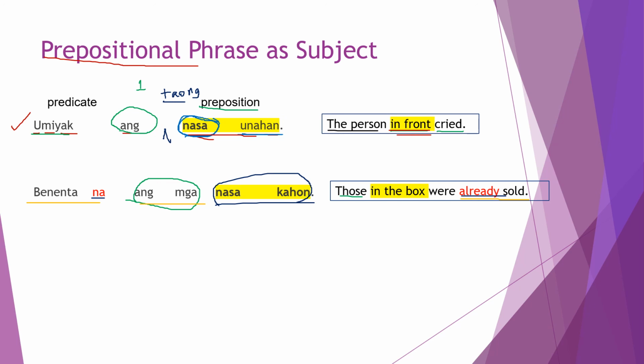Again, just remember that when we use prepositional phrases, just remember the word nasa, nasa unahan, in front, nasa kahon, in the box. Okay?